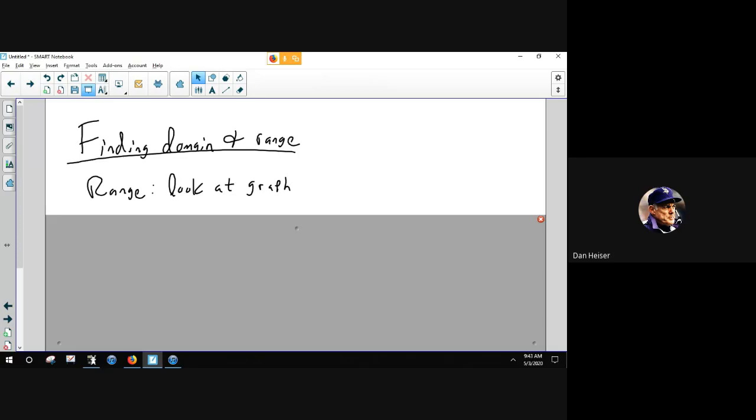If you have memorized your types of functions, ranges are simple as well. For example, you know that a linear function has no restrictions on y values. So its range will be negative infinity to positive infinity.